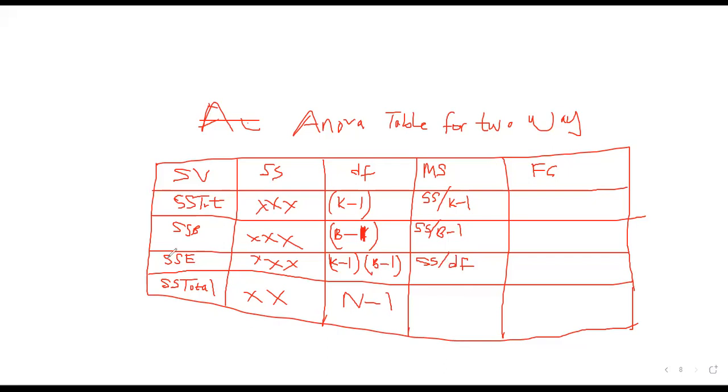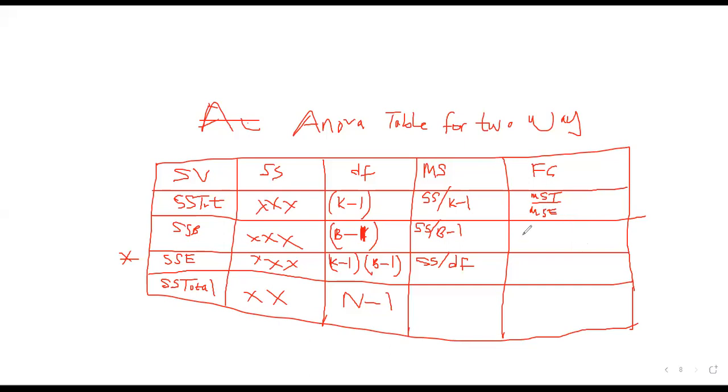So the determinant is the mean square error in order to find the F calculated. To get F calculated, it is the mean square treatment divided by the mean square error. So this is how we get the F calculated for each of these ones.